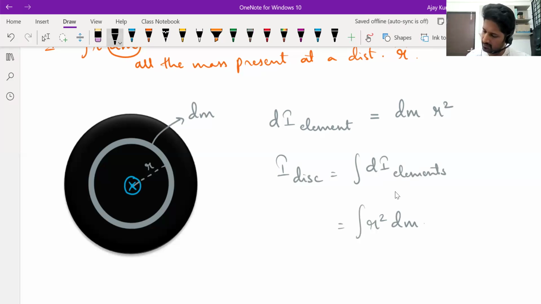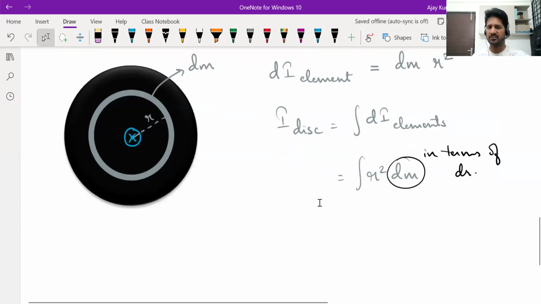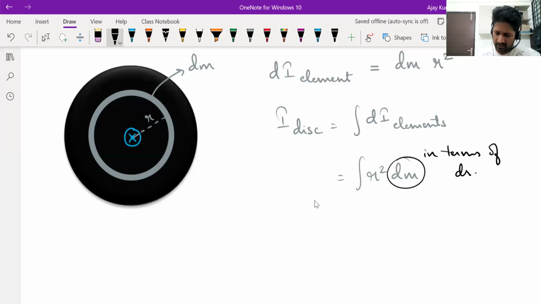You have to express dm in terms of dr. So again, we come back to those cases where we have to express the mass of an element in terms of dimensions. Whenever you are required to express the mass of some part of a system, you first look at what kind of distribution it is. We have already discussed that this is an areal mass distribution. Can one of you quickly tell me how do we express dm in an areal mass distribution?